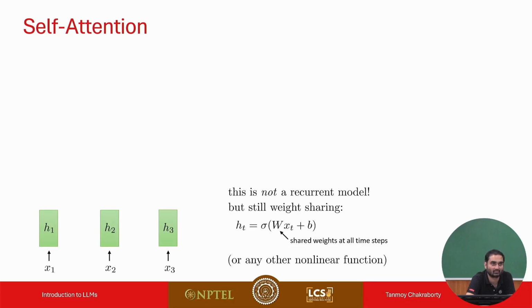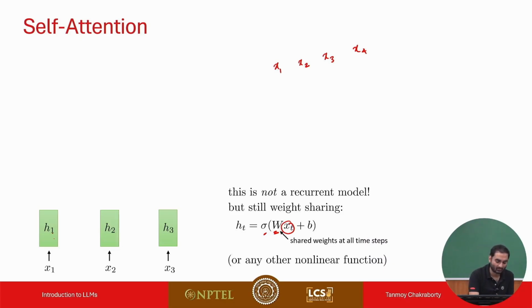So in self-attention, let's say you are given inputs x1, x2, x3, x4. These are essentially tokens, denoted by xt. We pass them through some sort of linear layer followed by nonlinearity. This is a linear learnable weight W, and a nonlinearity, and we obtain hidden states h1, h2, h3.